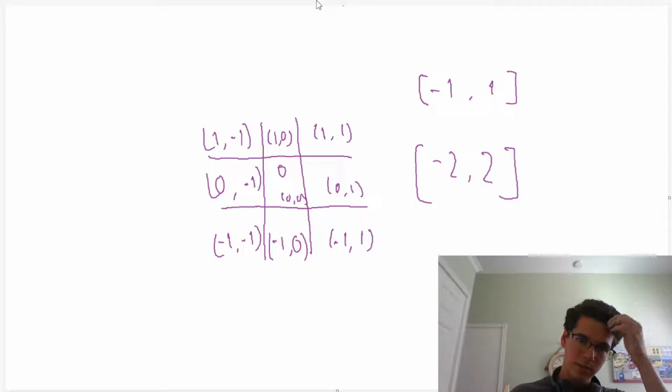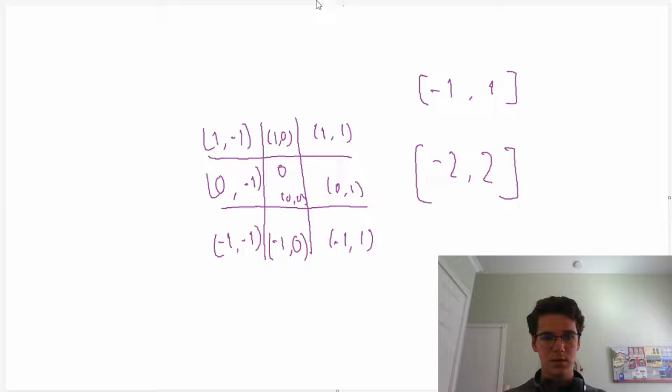So negative 1, 0, 1. But in the negative 2, 2 case, that's a little bit more challenging. We essentially always need to have a 2 either in the row value or in the column value. But in the other value, we can have any number between -2 and 2.